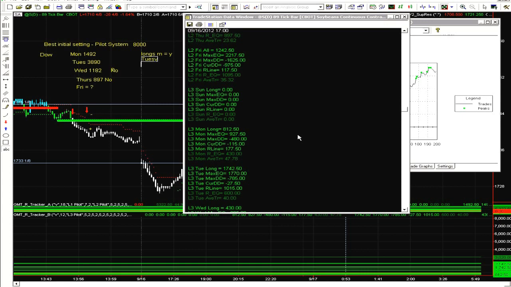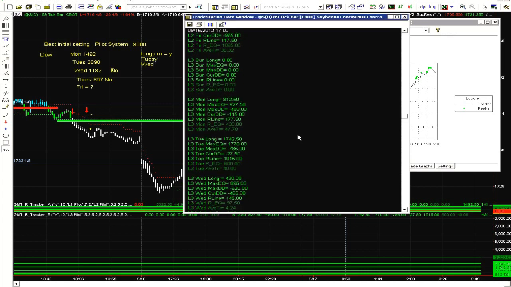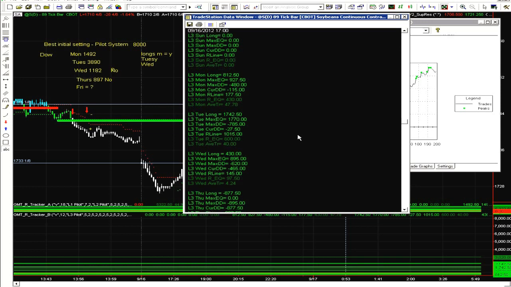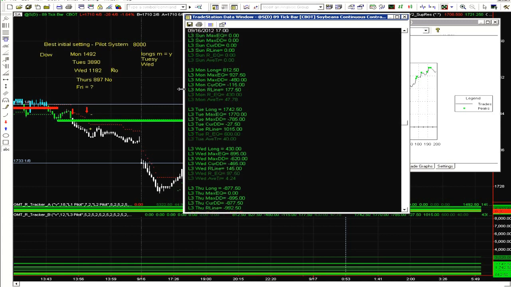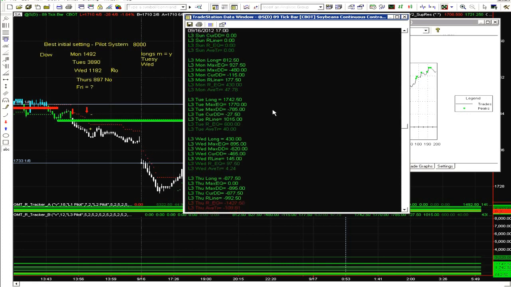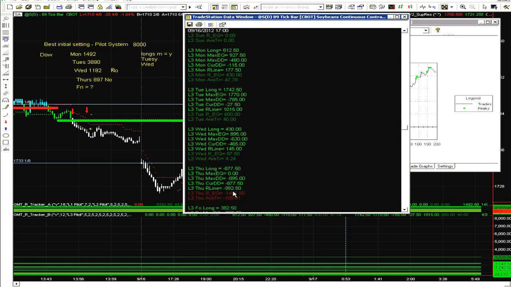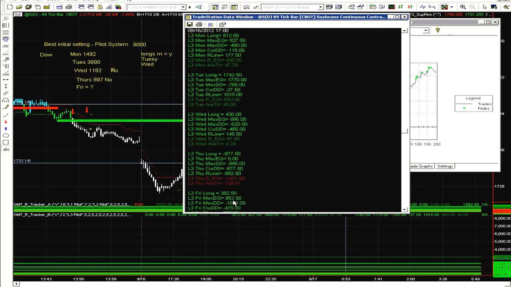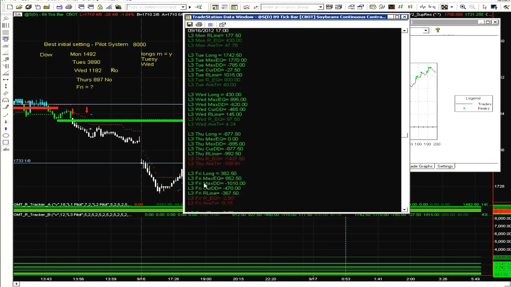So Wednesday, 430 of profit. Current drawdown 620. 465. So average trade net profit $4. Don't think that's going to get over the line somehow. Wednesday's out. We can almost go to Thursday straight away. Thursday's negative as well. Negative 109. So that's a no. So Wednesday, Thursday are definite no's, which is what we expected.